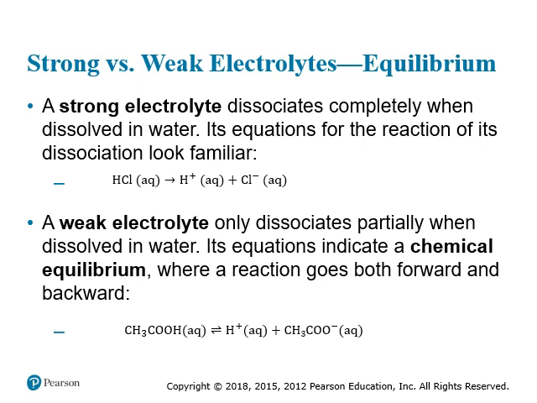But in the case of a weak electrolyte, we see a double-sided arrow. That double-sided arrow refers to a set of circumstances that we refer to as chemical equilibrium. Chemical equilibrium speaks to where a reaction goes both forward and backward.